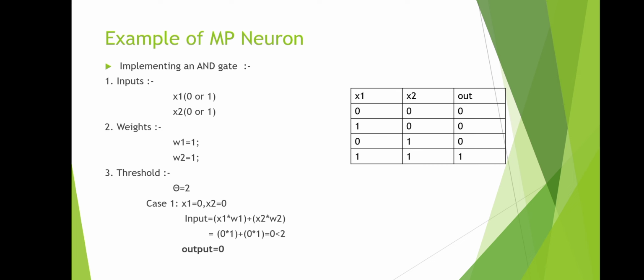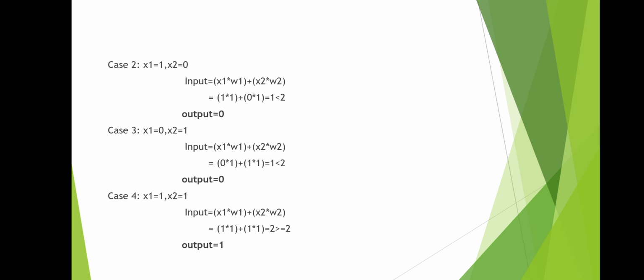The first case is x1 and x2 both 0. Using the formula x1 into w1 plus x2 into w2, the value is 0, which is less than 2, so the output is 0 and the neuron does not fire. The second case is x1 and x2 as 1 and 0. Using the formula the value is 1, which is also less than the threshold value 2, so the neuron does not fire and the output is 0.